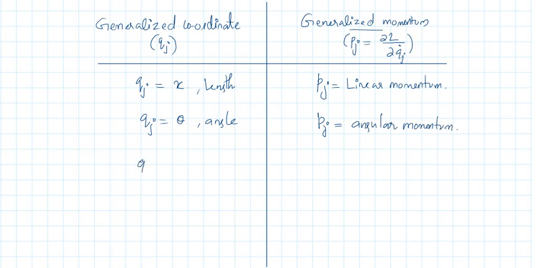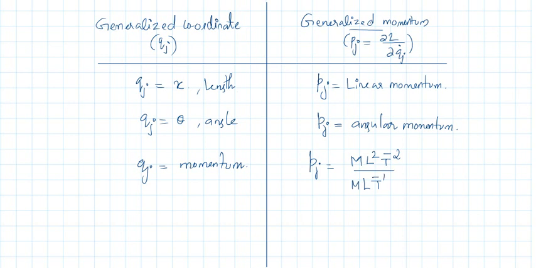If Q_j is, say, momentum, if you are considering the coordinate as momentum, then P_j will have the dimension of ∂L, where L is the Lagrangian, the difference between kinetic energy and potential energy. So it will have the dimension of energy, m l square t to the minus 2, divided by Q_j, which is momentum, mass into velocity, m l t to the minus 1.